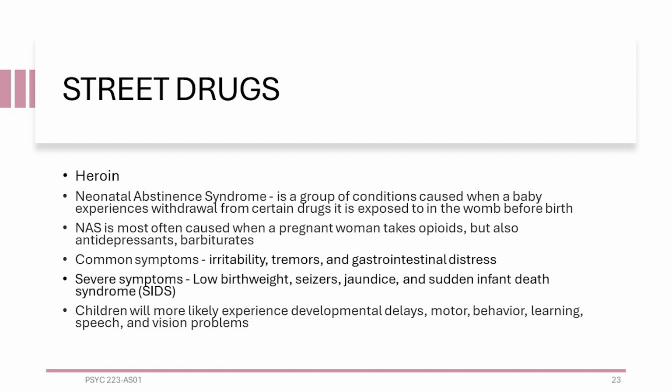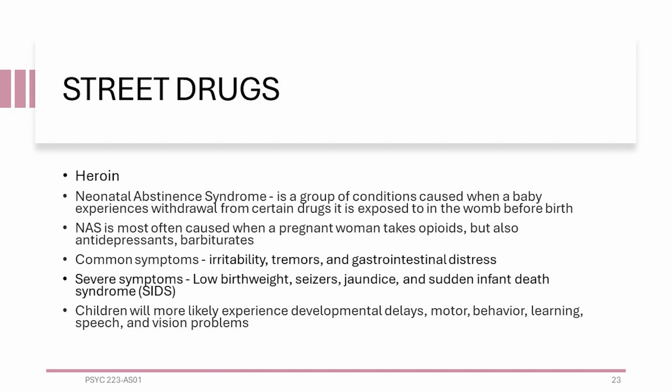Babies from mothers who took heroin during pregnancy experience neonatal abstinence syndrome. Neonatal abstinence syndrome is most often caused by opioids taken during pregnancy, but it can also result from the use of antidepressants and barbiturates.